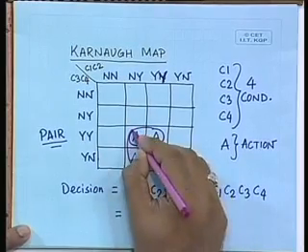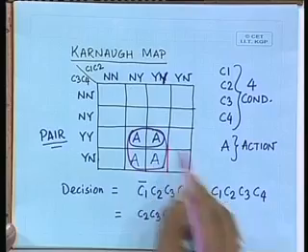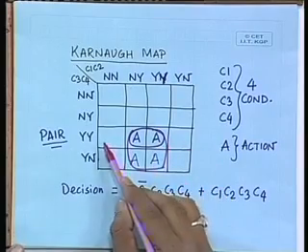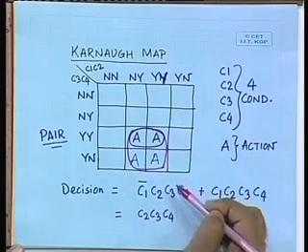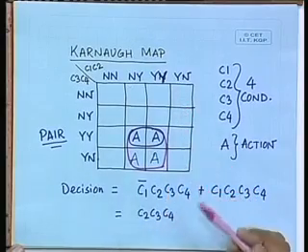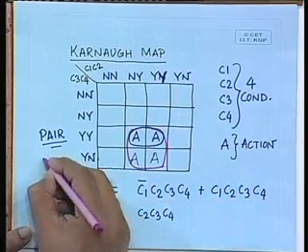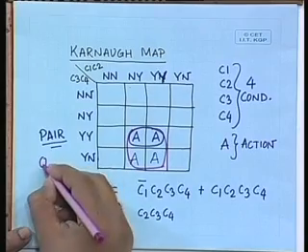See, there are 4 A's. The quad may not be formed like this, it can also be formed horizontally or vertically. So, we can have an entire row as A's or entire column as A's, or this way also.